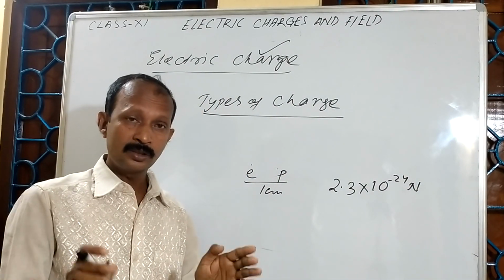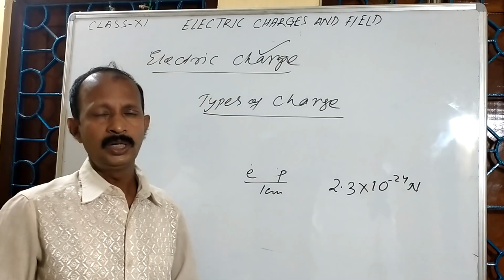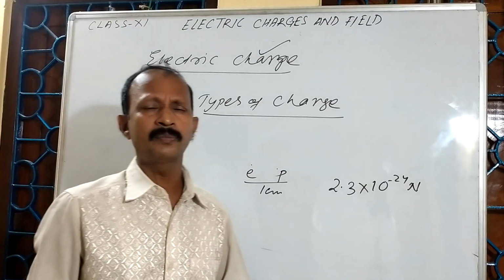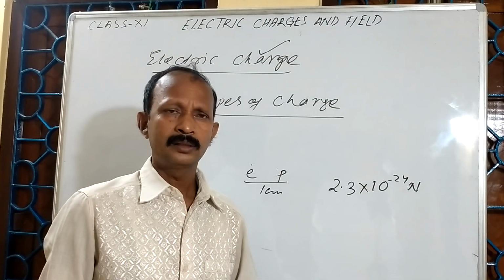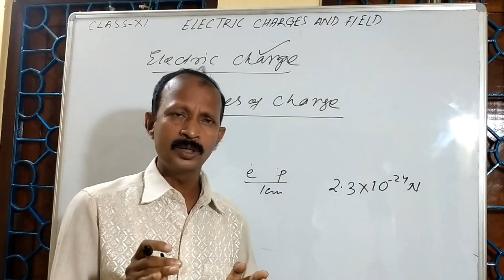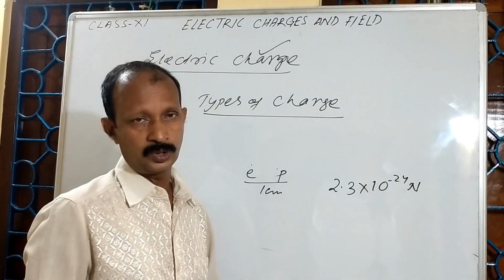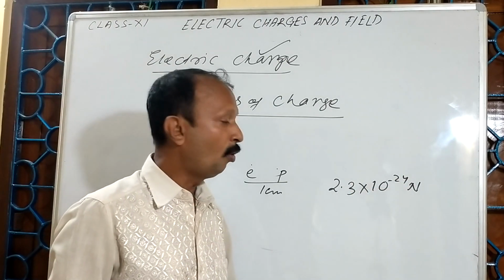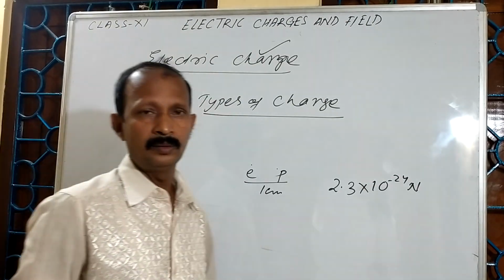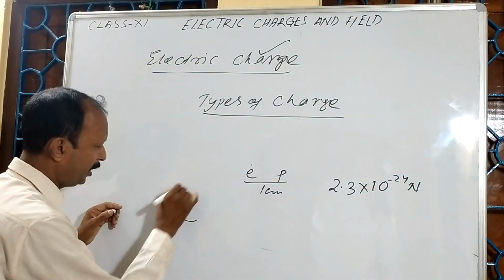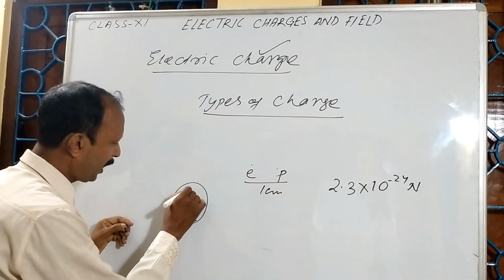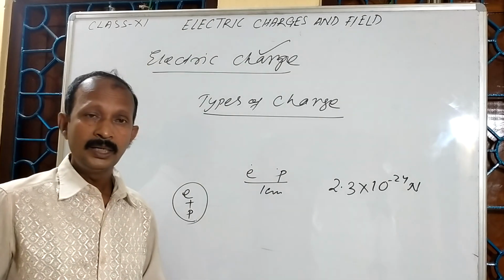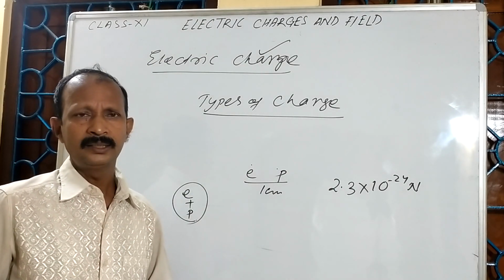In the previous case we discussed the repulsive force of two electrons and the repulsive force of two protons. But whenever we take an electron and a proton, that force is an electric force, but it is an attractive force. The amount is the same, 2.3 into 10 to the minus 24 Newton. Now, suppose I take a very small packet. In that packet, I have taken one electron and one proton. The net charge, what will happen?